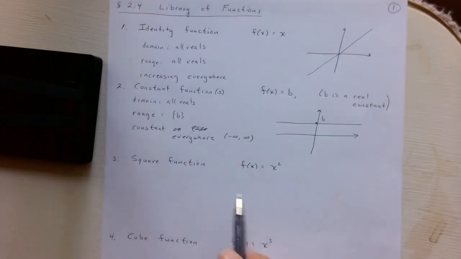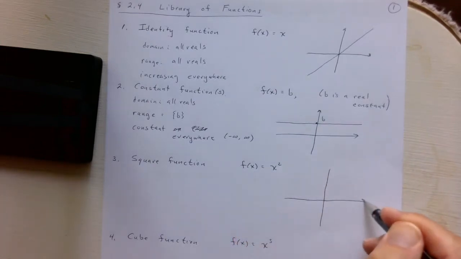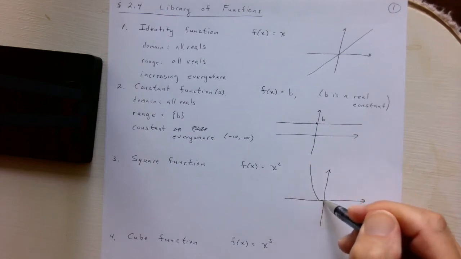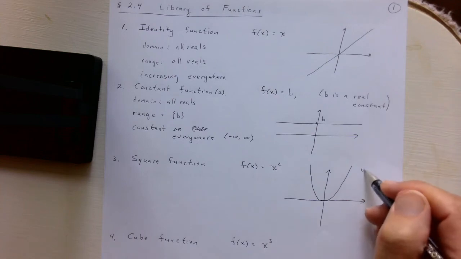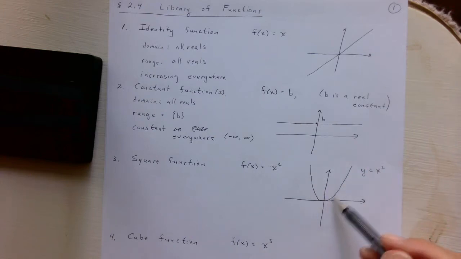The square function, we've looked at that. The graph is a parabola. This is the graph of y equals x squared. I think you've seen that many times. You can plot a few points. We can see it's decreasing and then it's increasing.